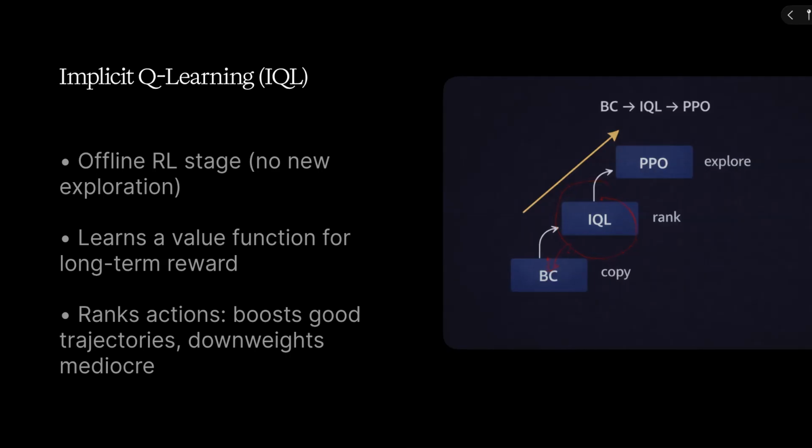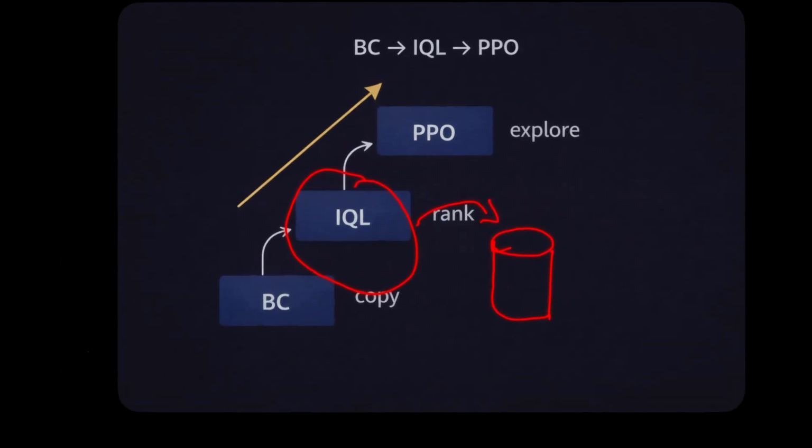Under the hood, IQL learns a value function that captures long-term reasoning. Behavior cloning says, here are good actions, copy them. IQL says, here are the same actions, but now I know which ones are better than others for long-term rewards. I'm going to rank the good ones and derank the mediocre ones. But remember, this is an offline algorithm, meaning it's limited to whatever is in an offline database or a replay buffer. So you can only do as well as this buffer.